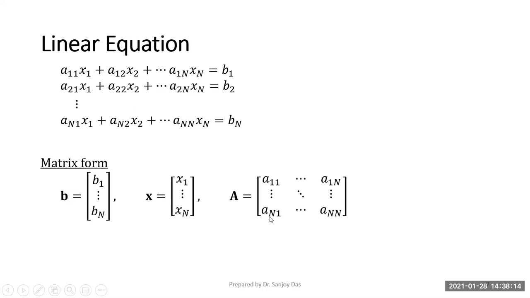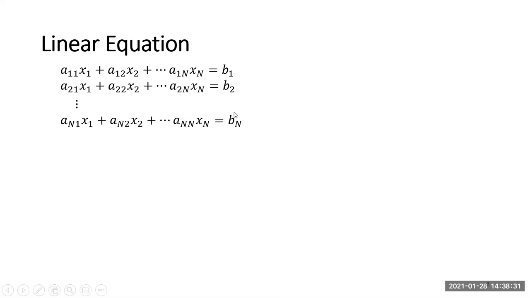At the last row, you have An1 through Ann. Now, with this notation, we can rewrite this set of linear equations simply as Ax equals b.